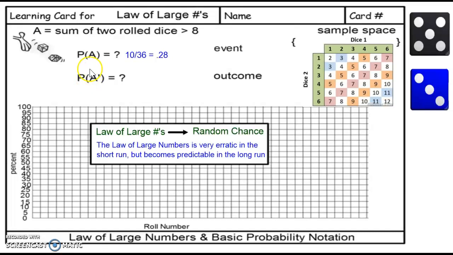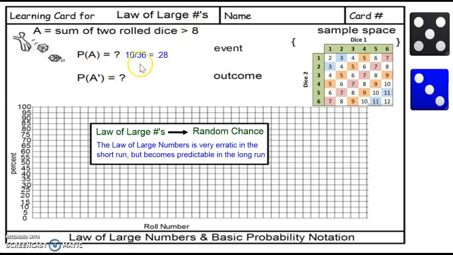Well, let's take a moment and look at the probability of the complement of A. This little symbol right here, A with a little apostrophe, is the complement of A. So the probability of the complement of A would be the probability of not rolling a sum of two dice that is greater than 8. In this particular case, it would be rolling a sum that is less than or equal to 8.